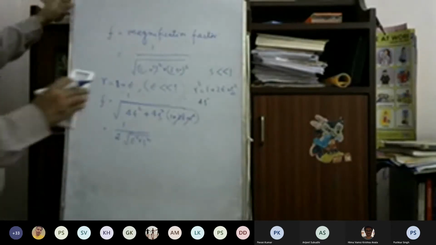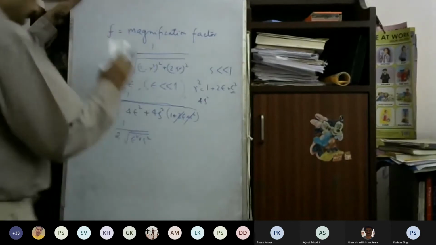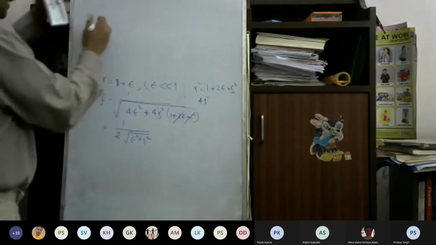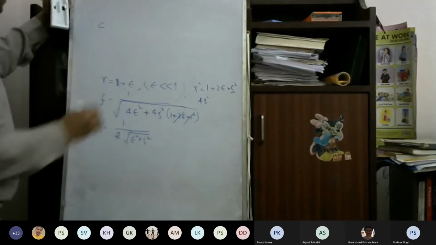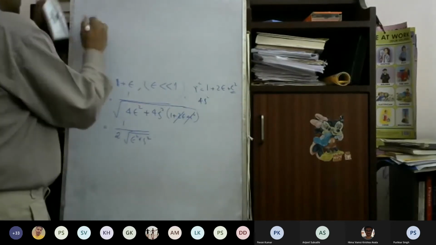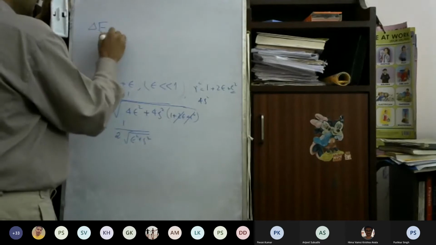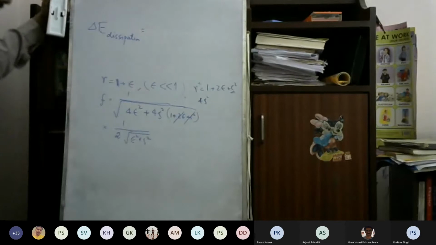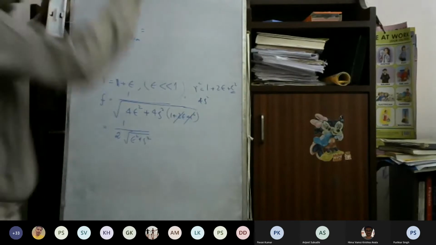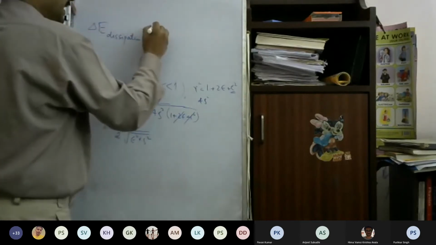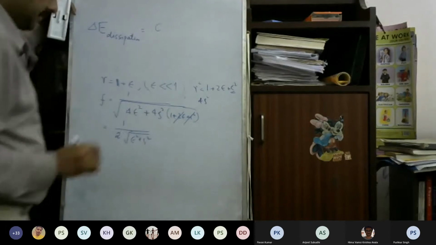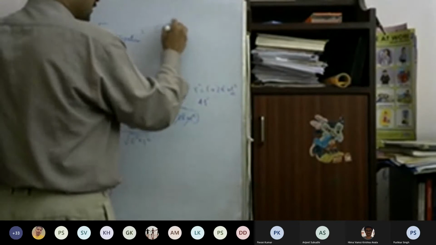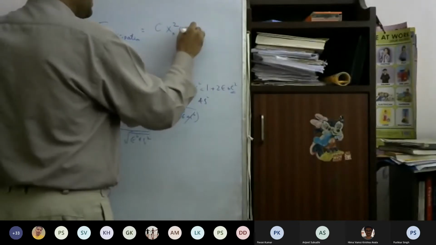Now you see one thing from here, the energy dissipation. The energy dissipation delta E will be equal to C X naught square omega pi.